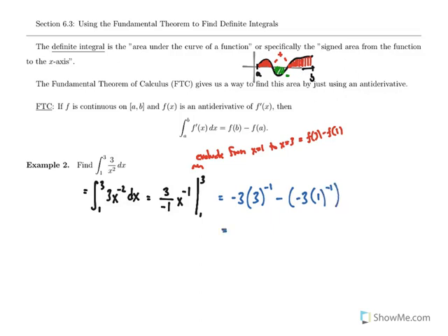Rewriting this, this is going to be negative 3 over 3 plus 3 over 1, negative 1 plus 3, which is 2. And this is an area that we're finding. This is like 2 units squared that we have. So when we're doing these definite integrals, it's important to find the antiderivative first.